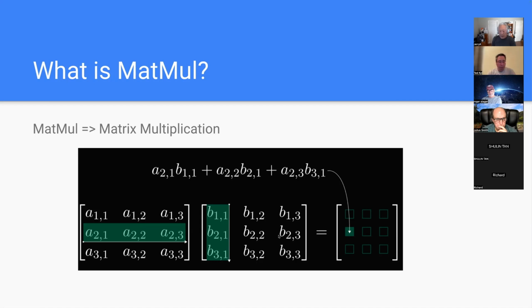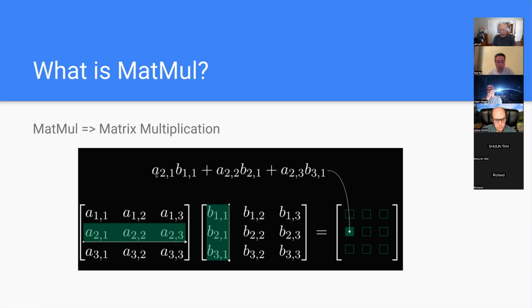Based on position, this is row 2, column 1, so we're filling in that one. For the next one up here, we'd go to row 1, column 1 again, and fill in that one, and so on and so forth.